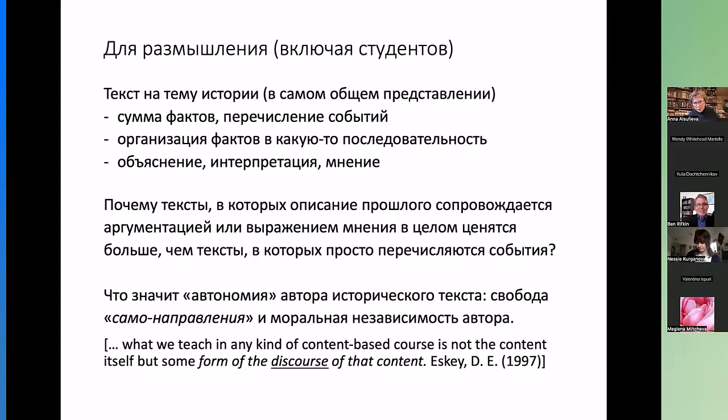Автономия в данном смысле, как я ее представляю, это и свобода самонаправления, то есть ответственность автора, и то, каким принципам следует автор, включая этические, моральные принципы или научные принципы и категории, широту кругозора, владение иностранными языками. Это все влияет на исторический текст, на стиль и работу автора.